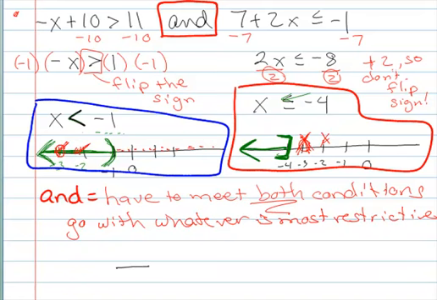So if I'm going to find a solution that meets both of those inequalities, the only way to do it is to say that this one right here is the more restrictive one that I have to worry about. Because negative 4 works here, and in fact negative 4 does work over here. So this is really what's going to define that space, because it's more picky.